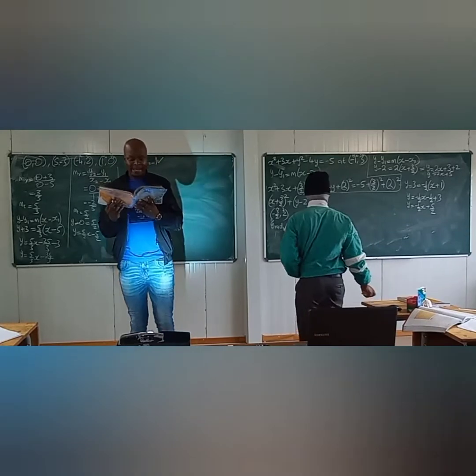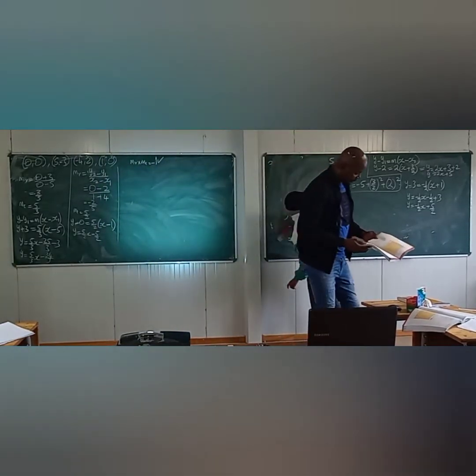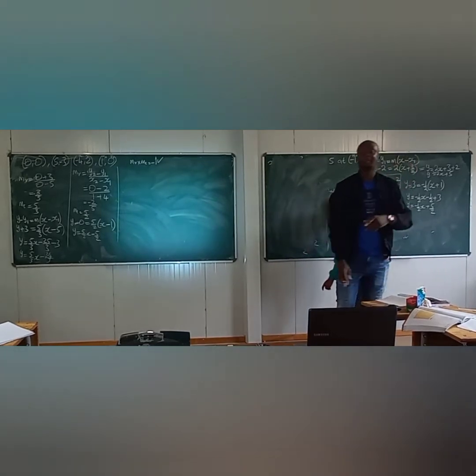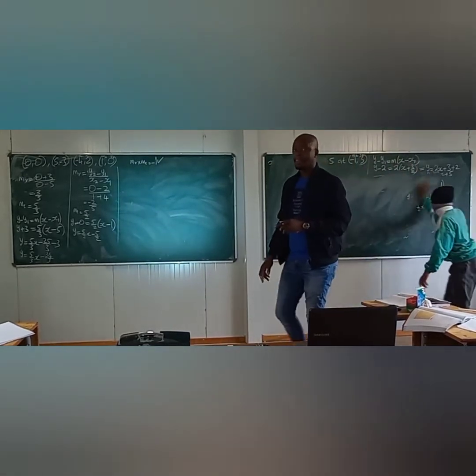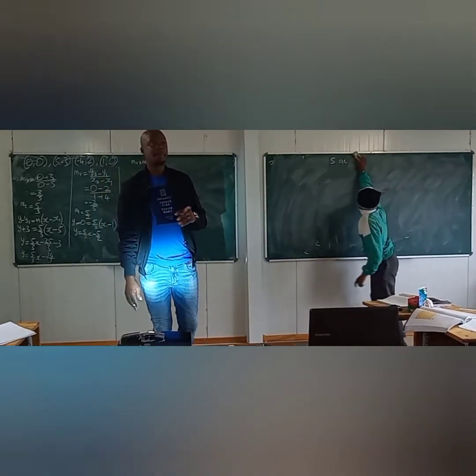x plus 2 squared plus y squared equals 4, at the x intercept.